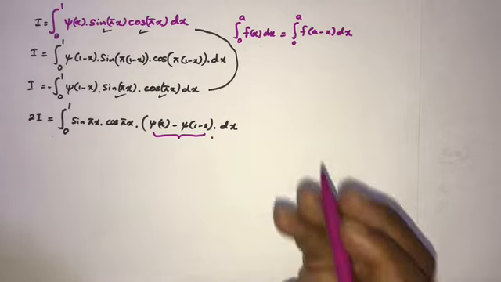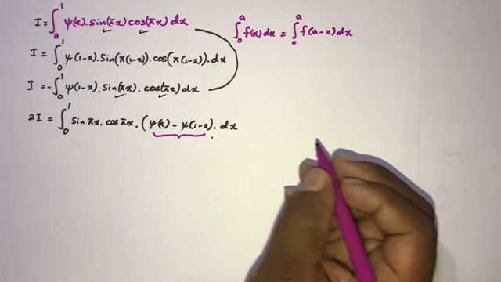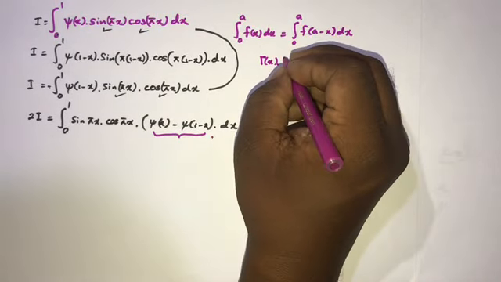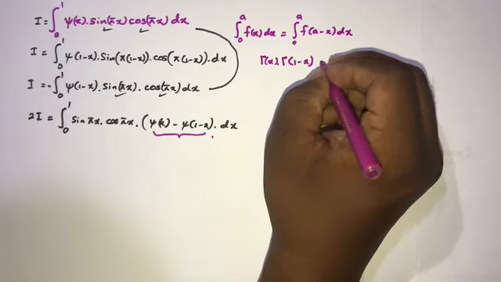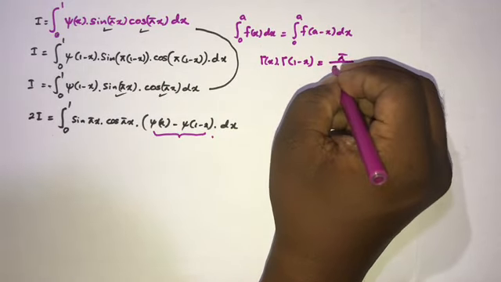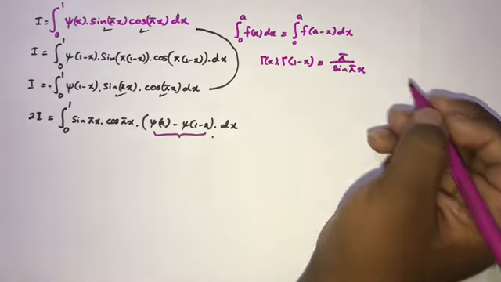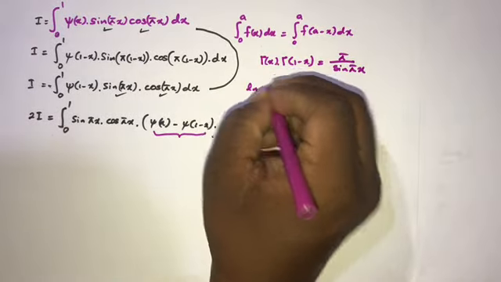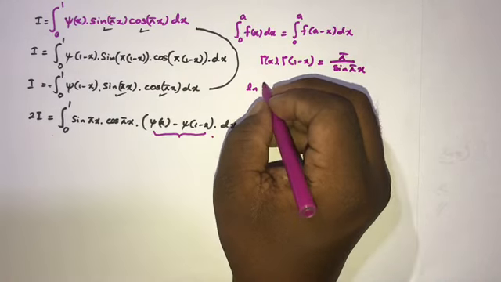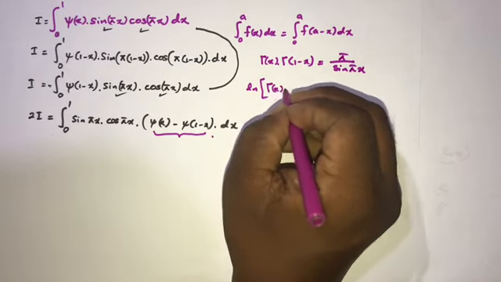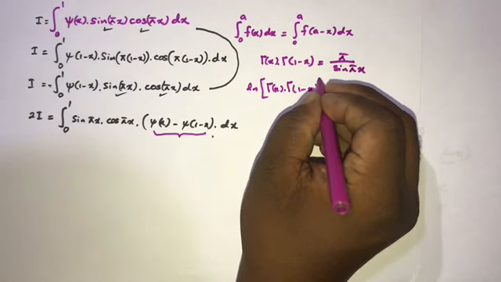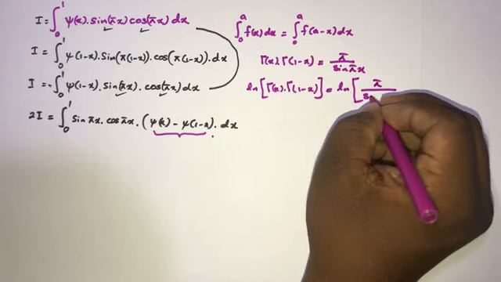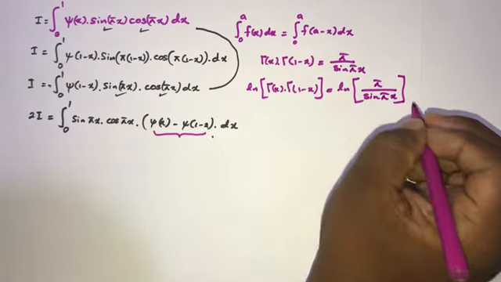Well, I am going to begin with Euler's reflection formula. We know Euler's reflection formula: gamma of x times gamma of 1 minus x is equal to pi over sine of pi x. Well, then I am going to take natural log on both sides. So natural log of gamma of x times gamma of 1 minus x is equal to natural log of pi over sine of pi x.